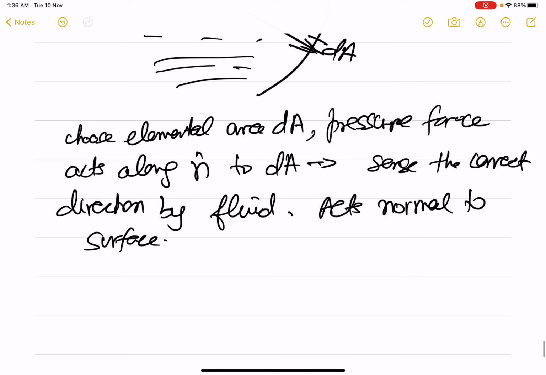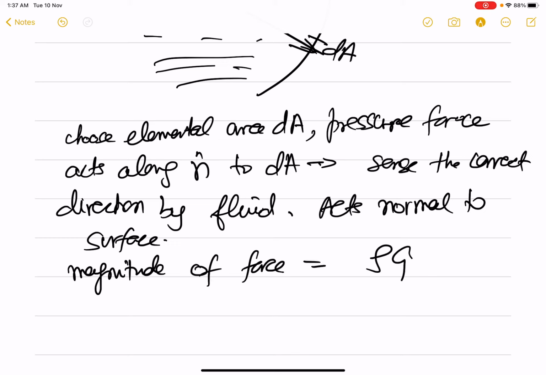Now the magnitude of the pressure force, this is the direction, the magnitude of the pressure force will be equal to rho g d, where d is equal to depth from the surface.